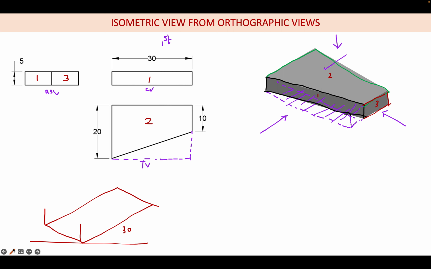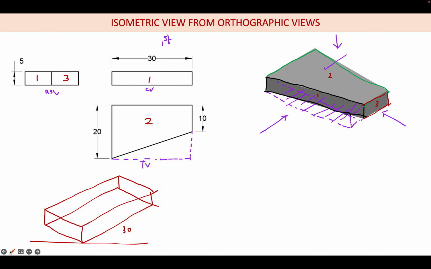Sorry, I'll erase this. In isometric, you always have to erase the hidden lines.